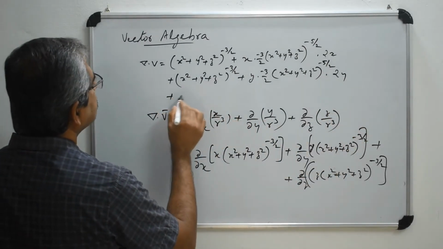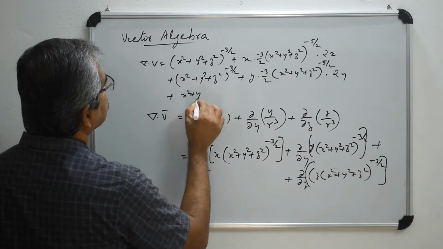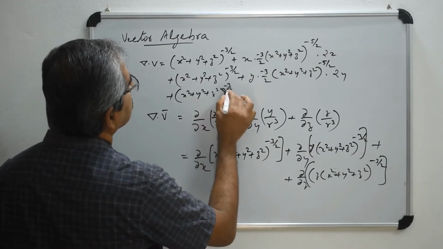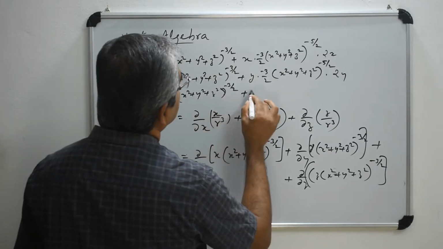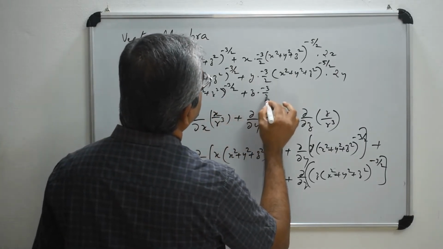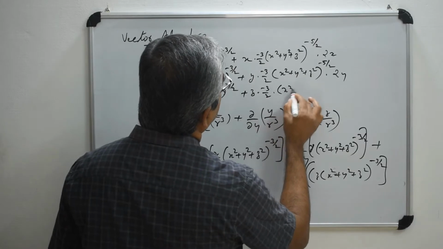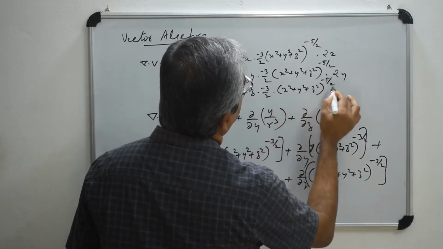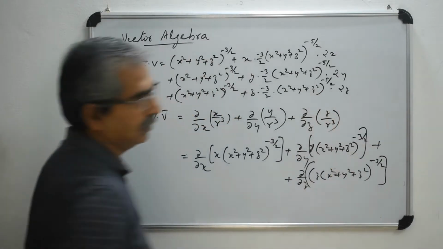Plus the third one is again the same thing, x square plus y square plus z square raised to minus 3 by 2 plus z into minus 3 by 2 into x square plus y square plus z square raised to minus 5 by 2 into 2z.